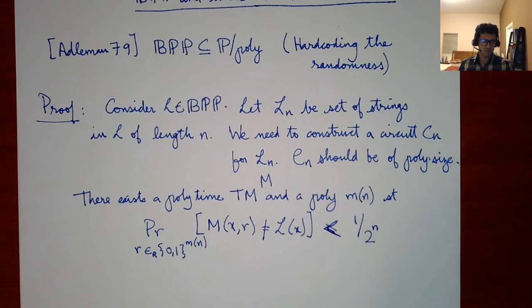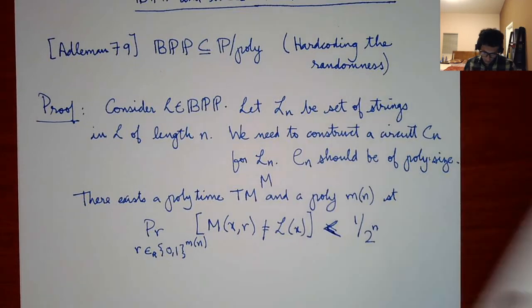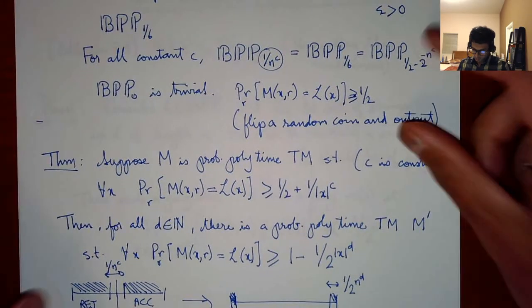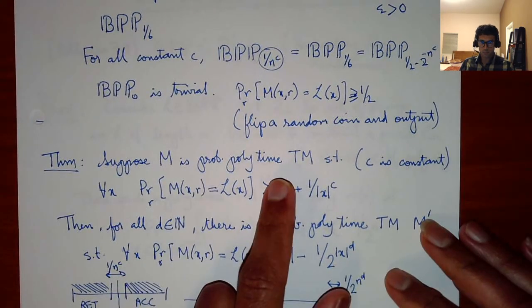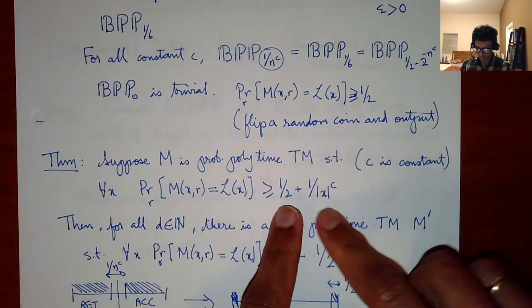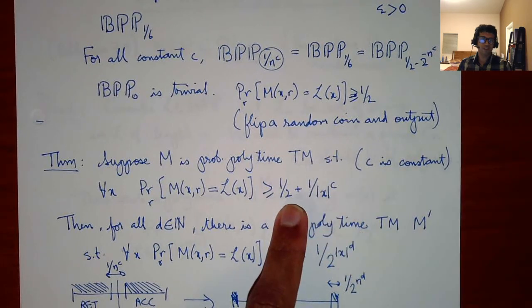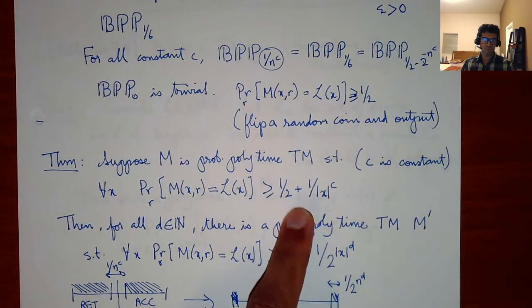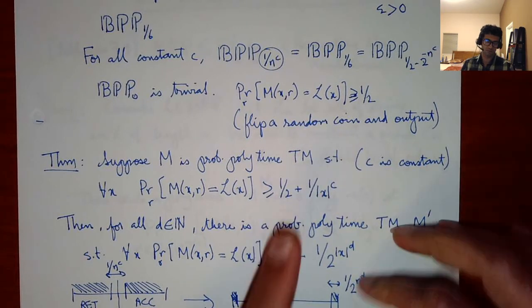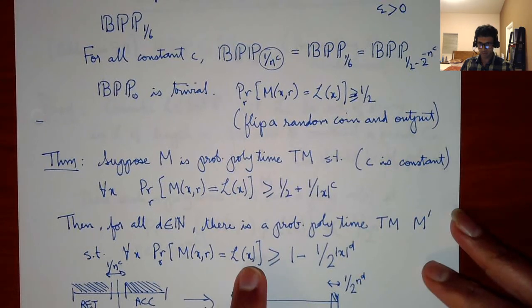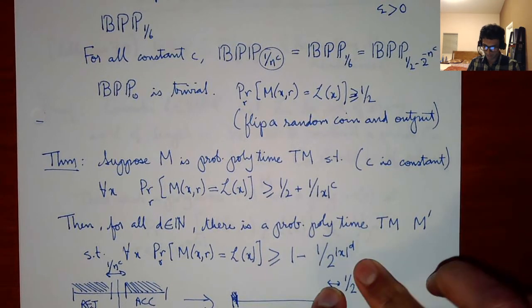Let me pull up the notes on BPP that we had written, so that we can go over that once again. Just to remind you, we said that suppose we have a probabilistic polynomial time Turing machine where the probability of being correct was half plus inverse polynomial. As long as it was, let's say, more than 2/3, we could get the probability that it's correct to be 1 minus 1 over 2^(|x|^d) for any constant d.